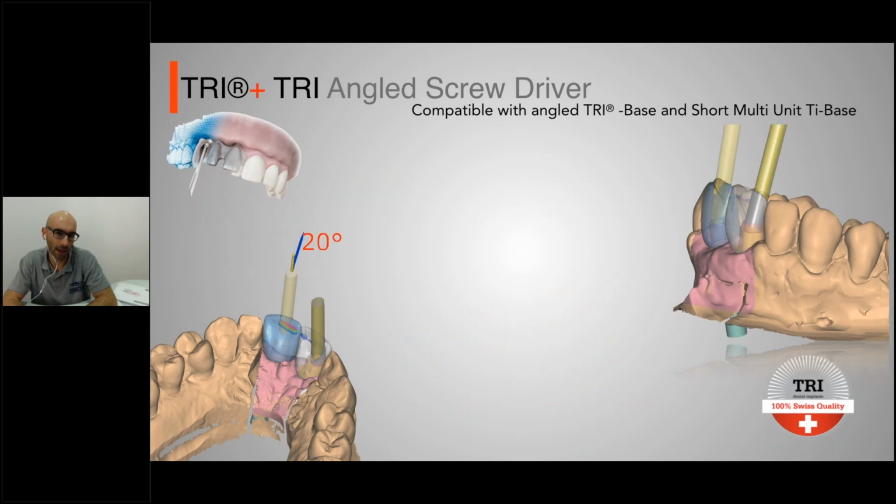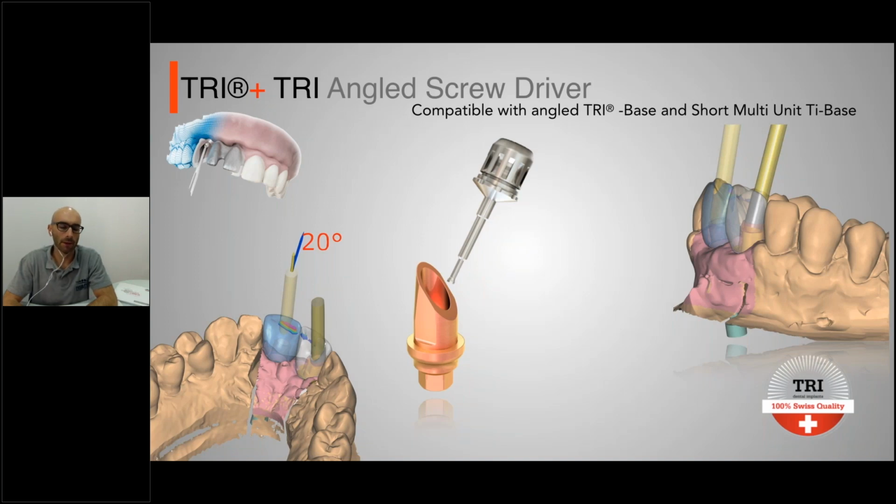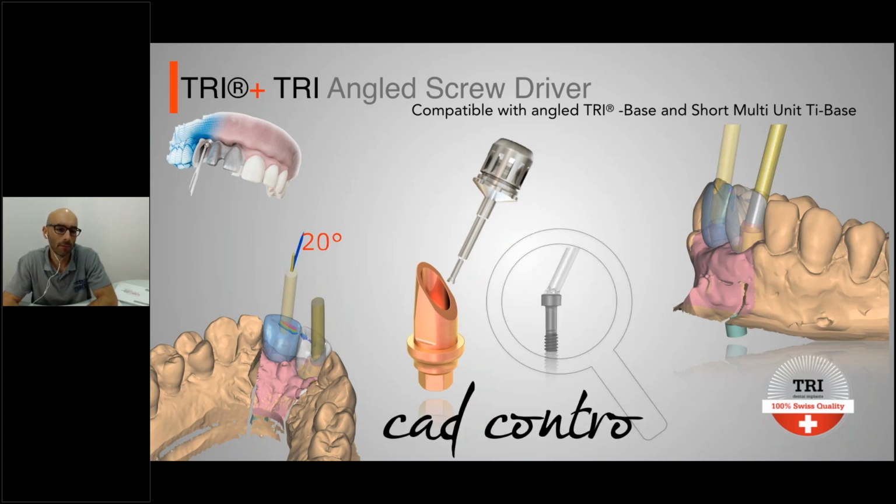And a few words now about this angled screwdriver. As I told you before, it is available. This screwdriver is a special one because it can screw the screw from different angles. The maximum angulation is 20 degrees, but I think it's enough for solving the major problems that we can have in modern digital implant dentistry.